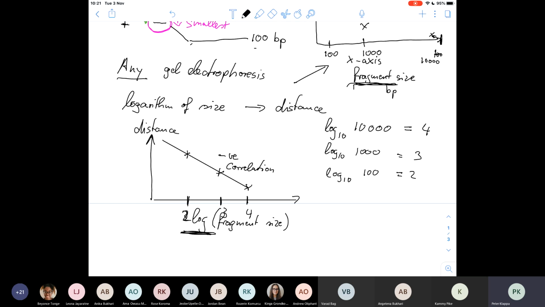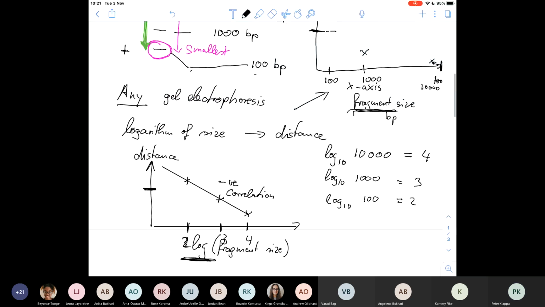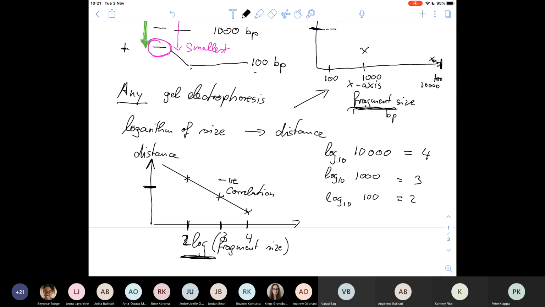Okay, good, thank you. If I have a fragment that, for example, has traveled that far, here, I don't know exactly where it hits the graph. But here, it's very easy.